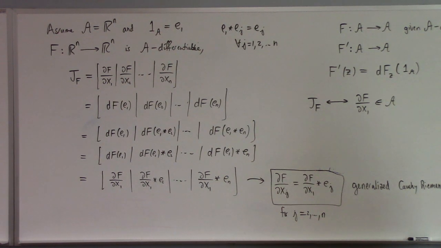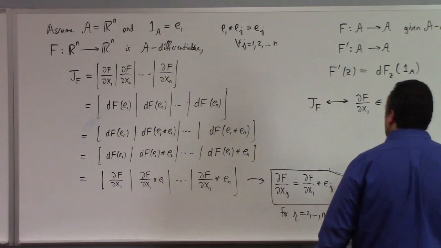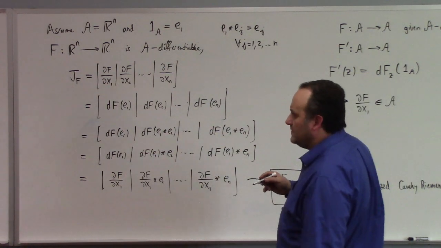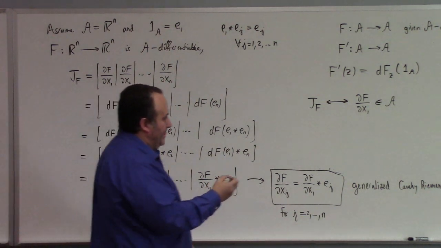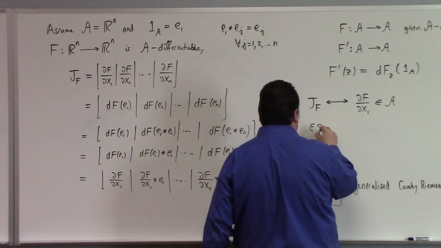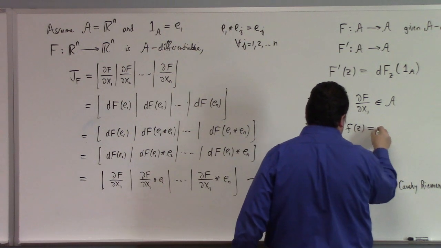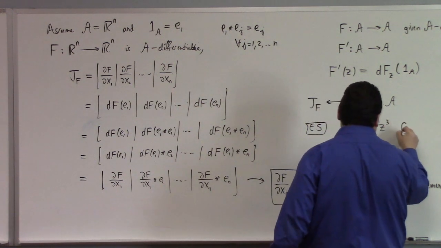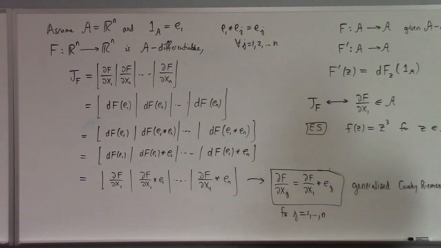All right? Like, for example, what example am I on? 5, right? Now this is going to be very unsurprising, but if we had f of z equal to z cubed for z in the algebra, an A-differentiable function, we can prove the laws of calculus work.